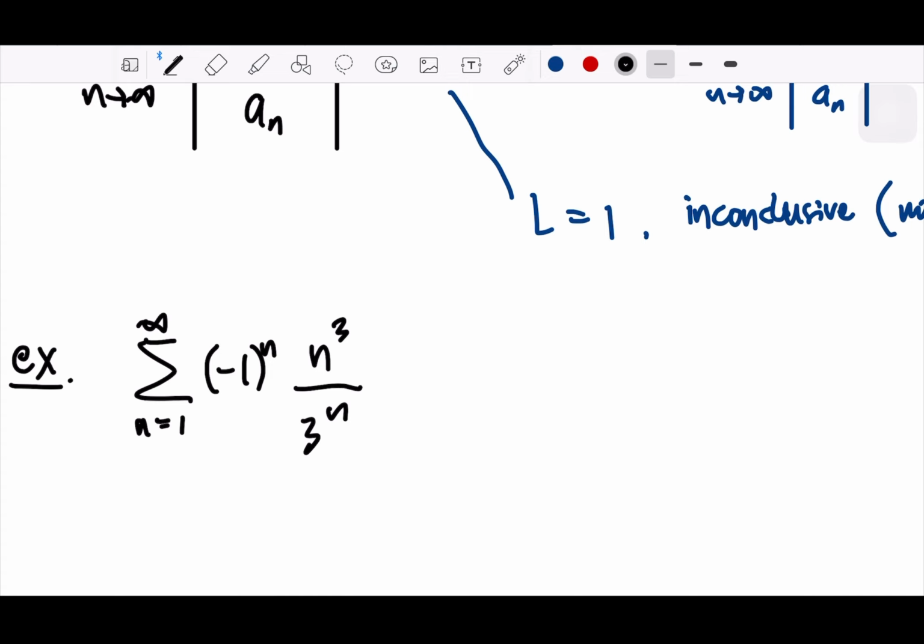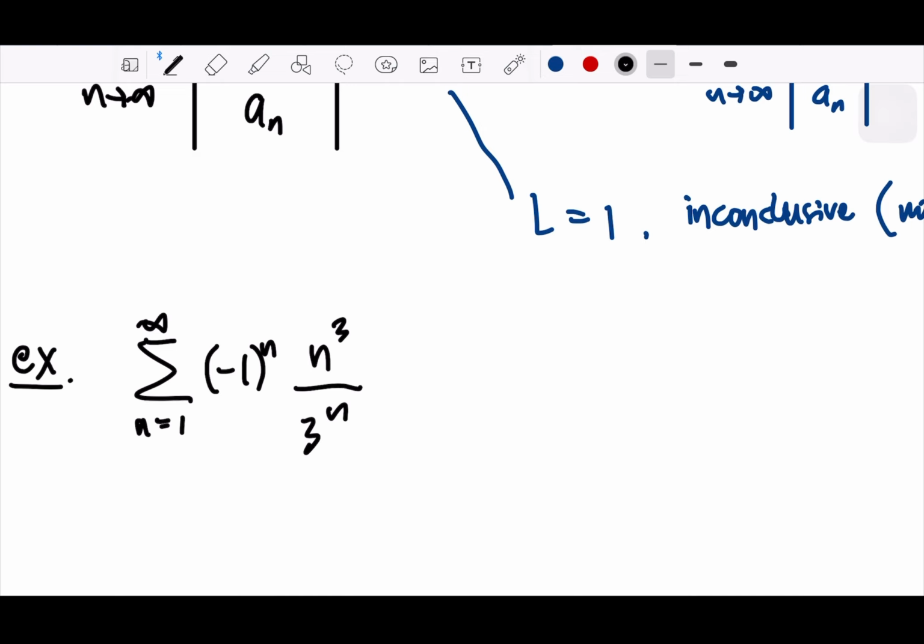If you take some time to check questions from this ratio test, this 11.6, and maybe later in 11.7, if you see some series that has this kind of property, which has some power with the n, this is actually a takeaway to give you an idea of what we have if we take the ratio test.